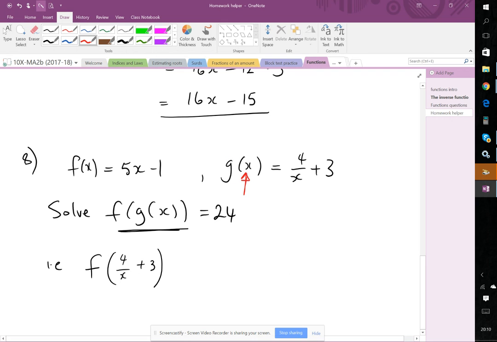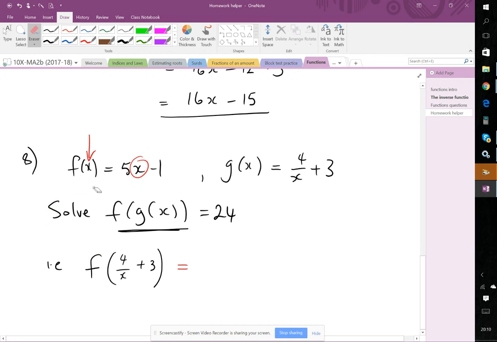It takes x as an input and produces 4 divided by the input, and then after that we add 3. Oh, I beg your pardon, we're doing f of this. Now what does f do? Ignore the last thing that I just did there, sorry. The function f is here, takes x as an input and produces 5 times the input and then subtracts 1.